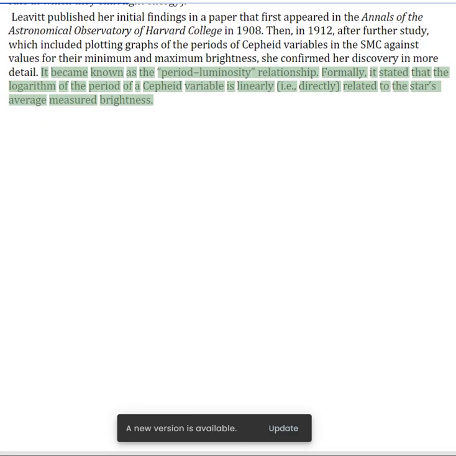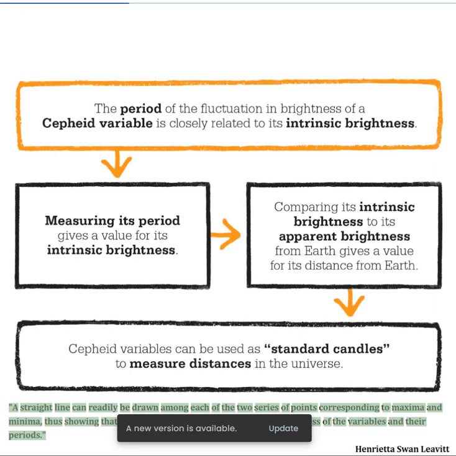It became known as the period-luminosity relationship. Formally, it stated that the logarithm of the period of a Cepheid variable is linearly related to the star's average measured brightness. A straight line can readily be drawn among each of the two series of points corresponding to maxima and minima, thus showing that there is a simple relation between the brightness of the variables and their periods.